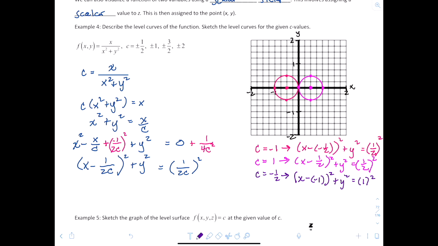So we have a circle with a center of -1, 0, and then a radius of 1. And so our circle would be about here.